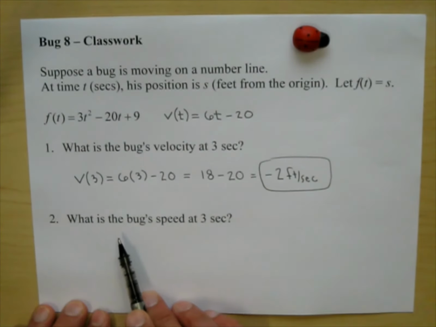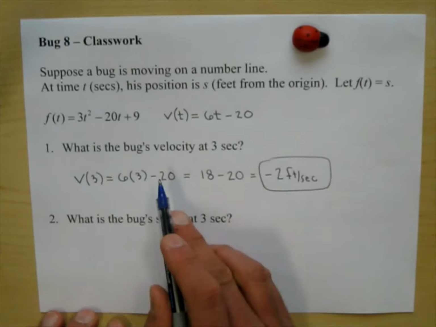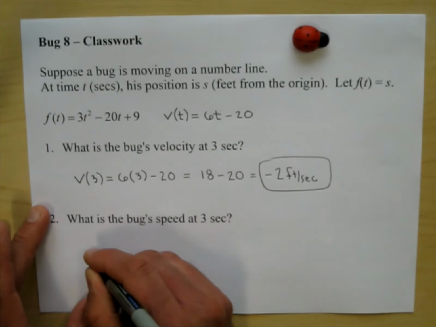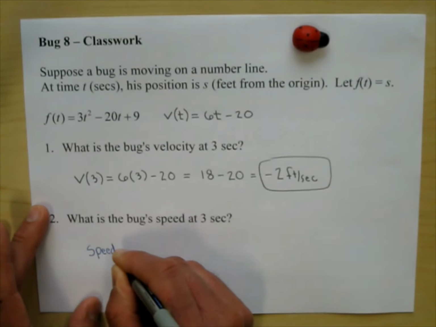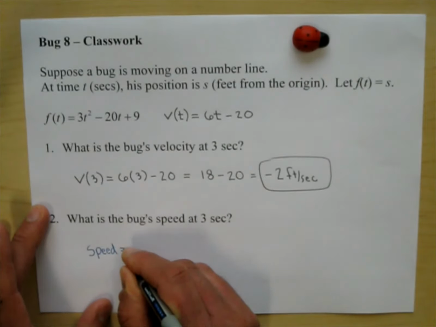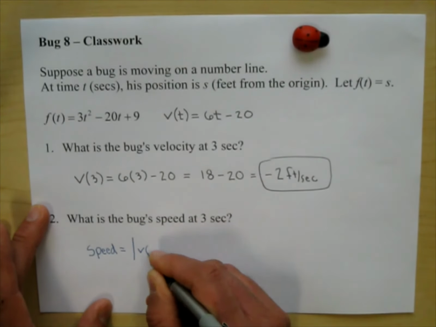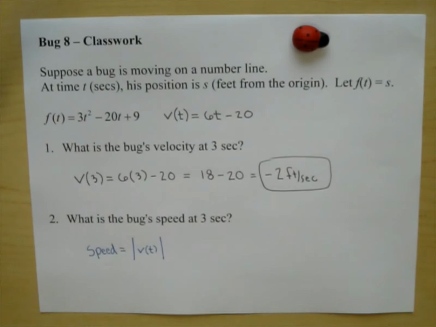So the next question says, what is the bug's speed? So the speed might be the thing that you used to think of when I first said velocity. And it's actually not that bad. The speed happens to be the absolute value of the velocity.